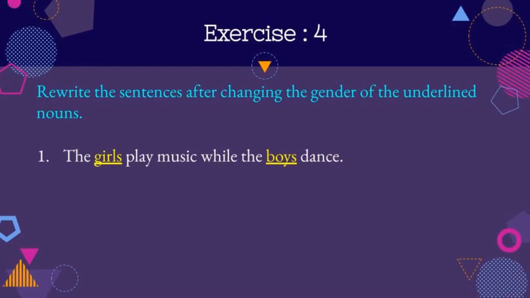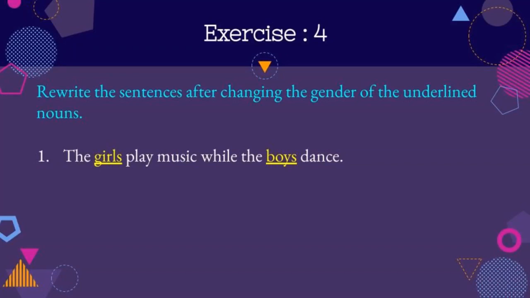Okay, two words are underlined. They are girls and another one is boys. Okay, first what is the opposite gender of girls? Yes, you are right, that is boys. Then what about boys? It means opposite gender of boys. Yeah, you are right, that is girls. Now we are going to rewrite this sentence with the opposite gender of the given underlined word. Okay, the girls play music while the boys dance.